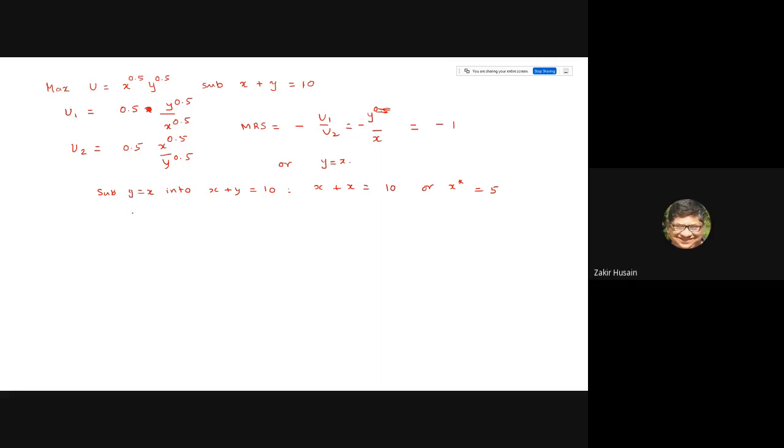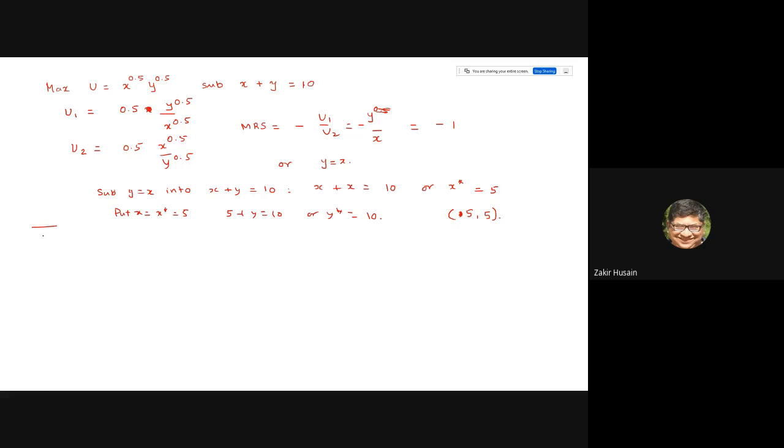Even y will be equal to 5. আচ্ছা now put x equal to x star equal to 5. We get 5 plus y equal to 10, or y star is equal to 10. Okay, so this is the utility maximizing bundle.